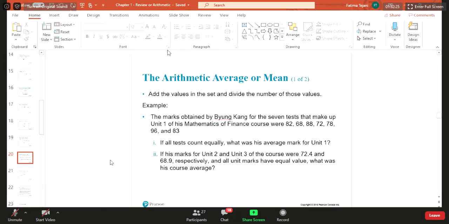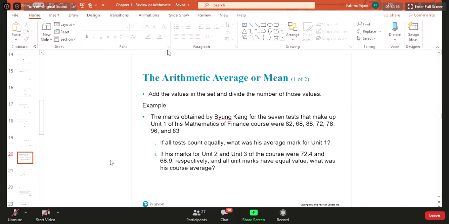Okay. Kathy, are you there? Yes, I'm here. Can you read this please for me? No, I'm shaking. Can you read? Why are you shaking? Read it. Okay, the example is the marks obtained by... Okay, can you read it? Which one? The arithmetic average? Yes.